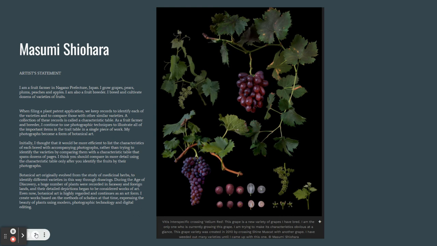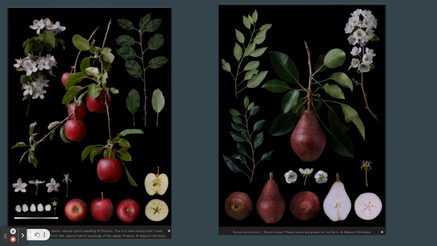And then this artist is a fruit farmer in Japan and also breeds different kinds of fruit. I think it's really interesting that the way this photographer puts things together is really kind of beautiful and classic in the way that they're laid out, all the different products of the breeding of the fruit.